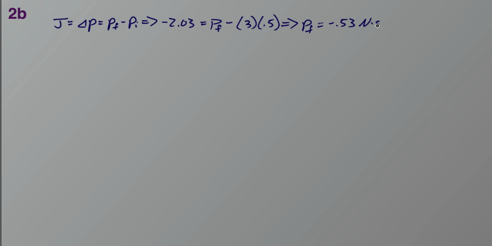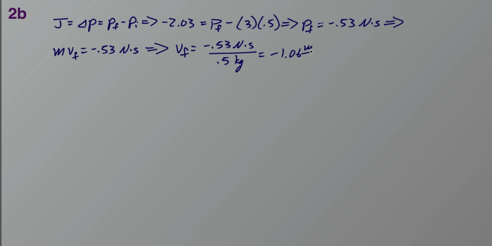0.53 newton seconds. But it doesn't want final momentum, it wants final velocity. So recognize the final momentum is mass times final velocity, which is negative 0.53 newton seconds. And we know that mass, so final velocity is going to be negative 0.53 newton seconds over our mass, 0.5 kilograms, which works out to be about negative 1.06 meters per second.